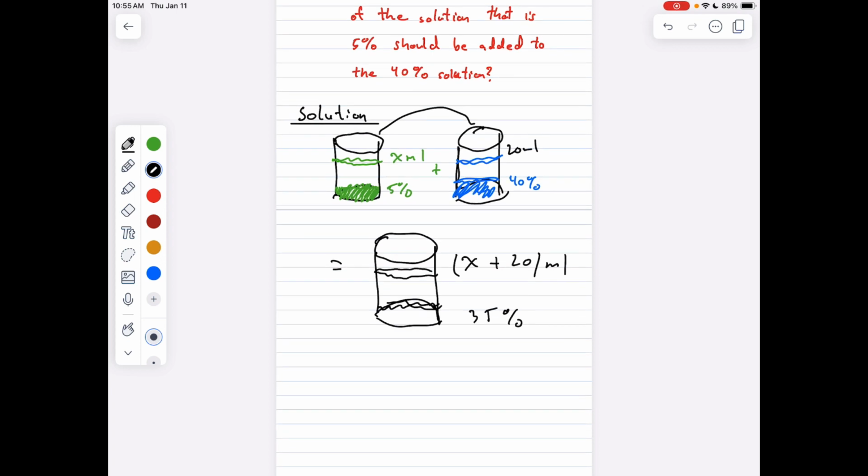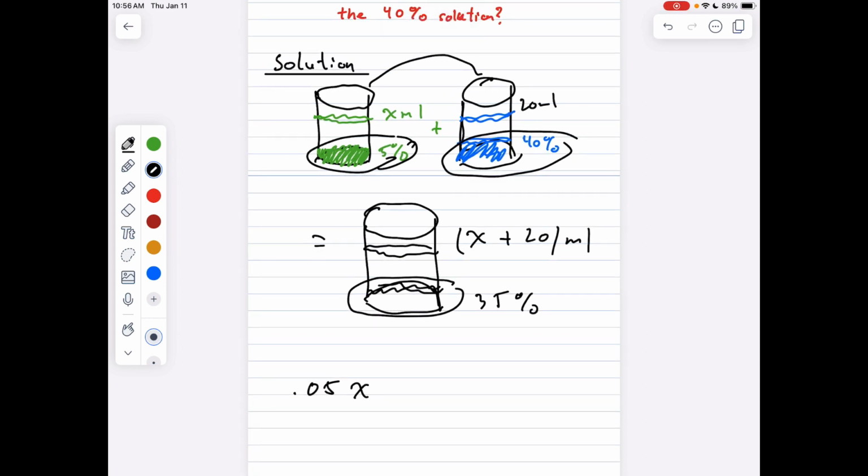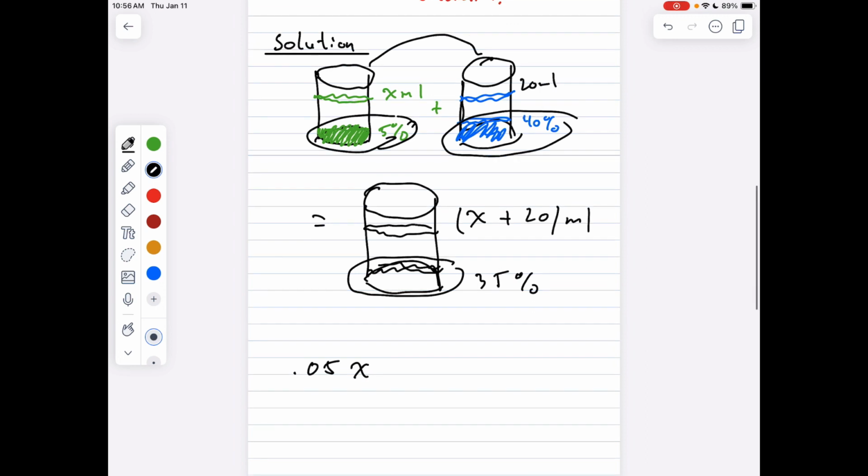So there's a certain amount of acid here and another amount of acid here, and those amounts of acid need to be equal to the amount of acid here. How much acid would I first have in my 5% solution? If 5% of the amount is acid, the way to express that is 0.05x.